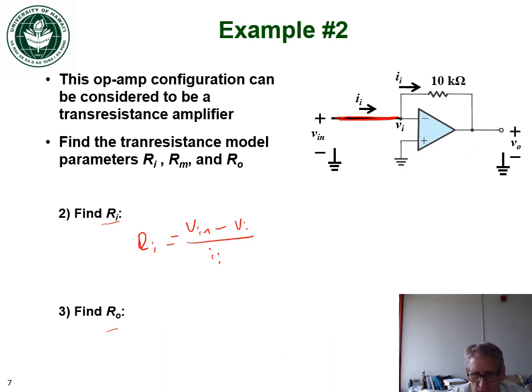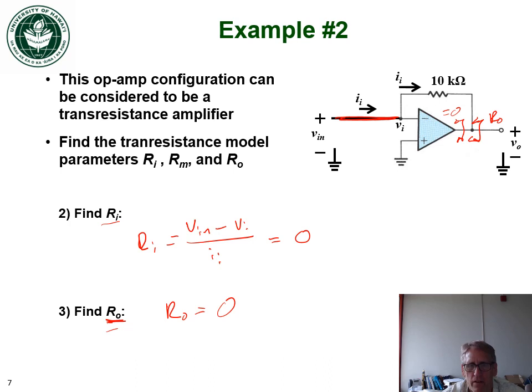There's no resistor there at all. Therefore, this is equal to 0. So the input resistance is 0. And by inspection, looking at the output resistance Ro, the output resistance of our op-amp itself is 0. Therefore, the Ro of our circuit is equal to 0 as well.